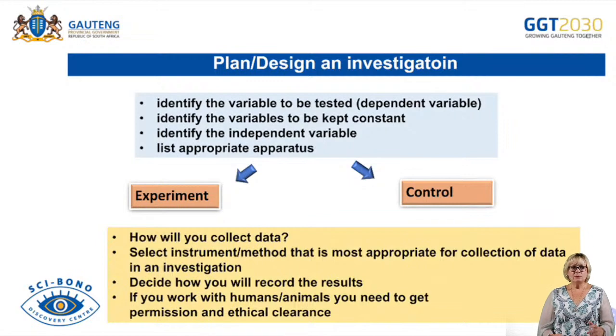So, and even if you want to do an investigation in school and you want to ask questions to your fellow students, you're not allowed to just do that. You have to get permission from the principal, you have to get permission from the learners themselves and maybe their parents as well. So there's a lot of thinking behind an experiment before you can actually do this investigation.